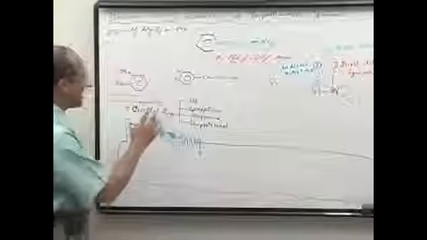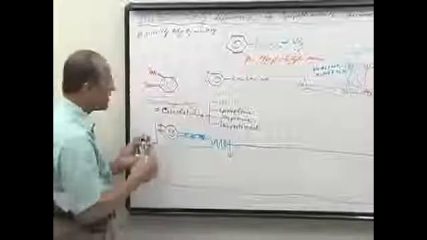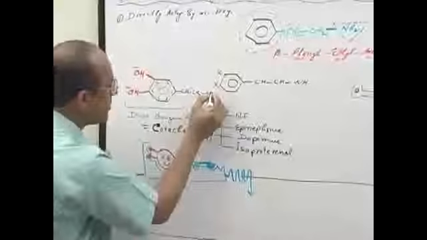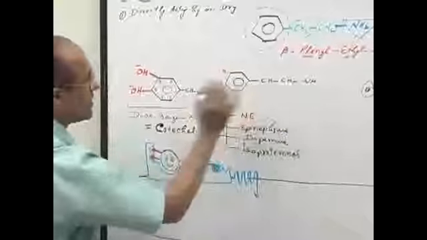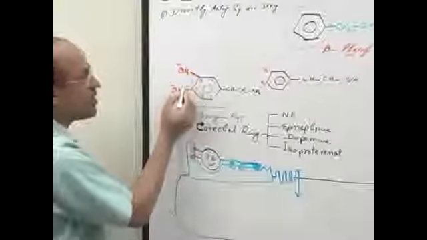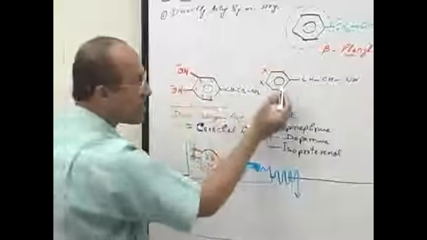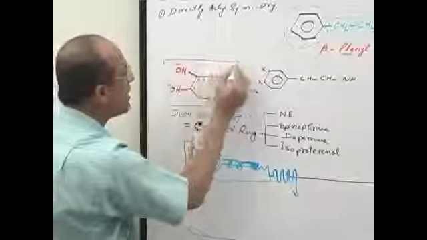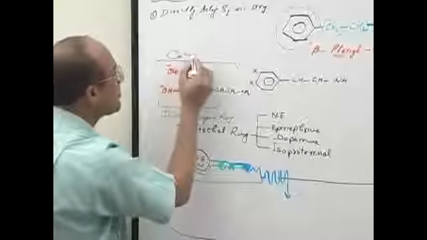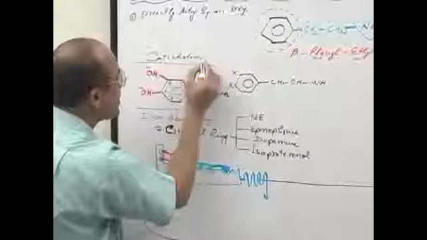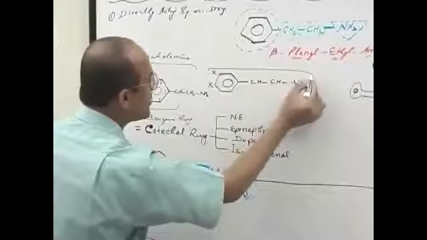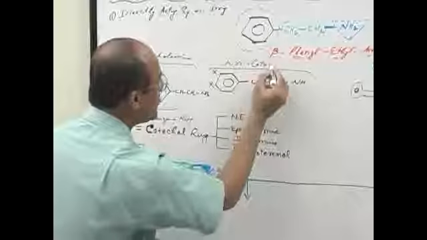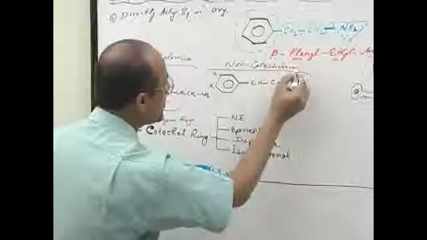So again, compare this compound, this structure, and that structure. The primary difference is here third and fourth hydroxyls are present. In this compound, third and fourth hydroxylations are absent. This structure is called catecholamine, and this structure is called non-catecholamine.